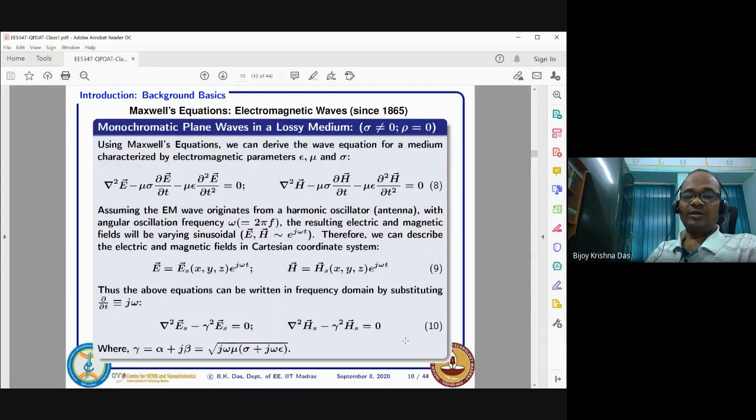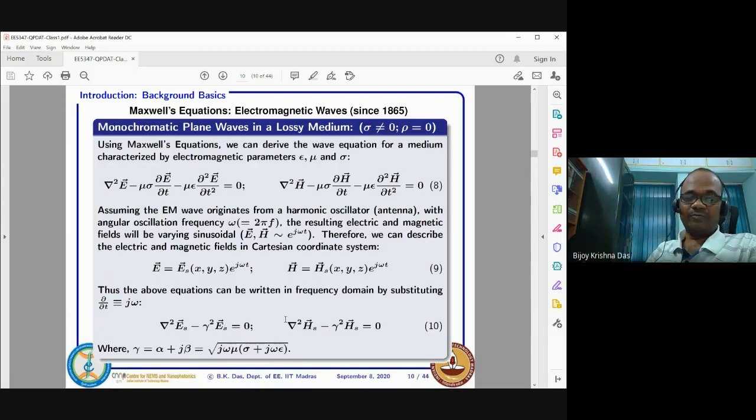So you get equation 10 as a space dependent differential equation. Remember that space dependent means no time dependence is there. And of course, del square means del 2 del x2, del 2 del y2 plus del 2 del z2, all those types of things. So second order partial derivatives will be there, remembering that we are writing Es(x, y, z).